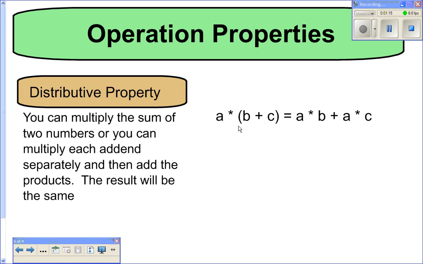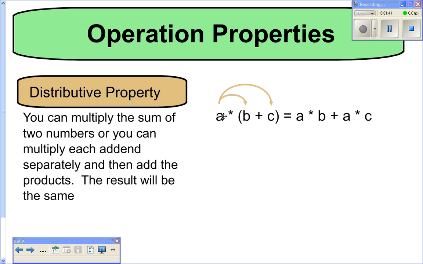So when we're multiplying, we could use the distributive property. What we're saying here is that you could either multiply the sum of two numbers, you could add and get a sum, and then multiply, or you could distribute this A to each of the elements inside the parentheses.